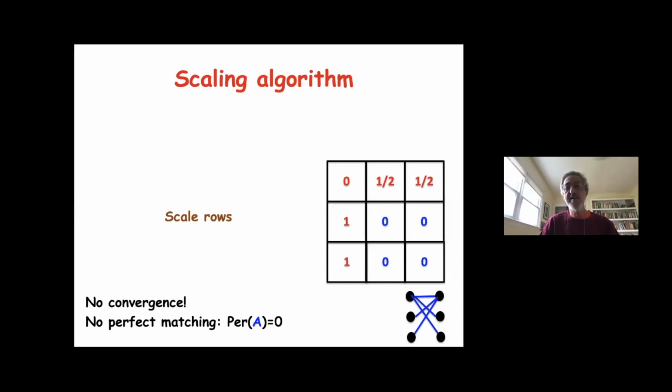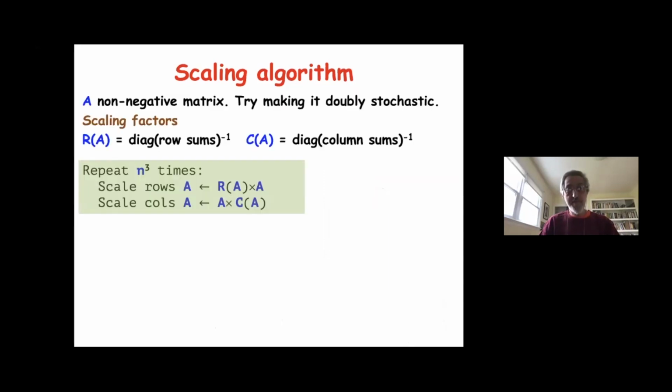Maybe we need to look at another example. But before we look at another example, let's just write down what this algorithm does in general. So we get a non-negative matrix. We try to make it doubly stochastic, and it is very simple to write down.